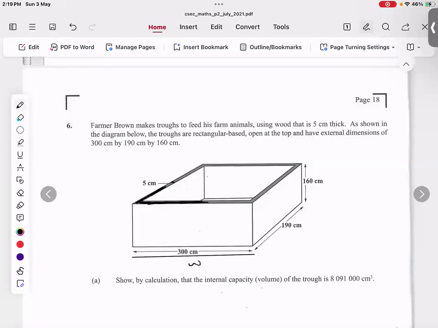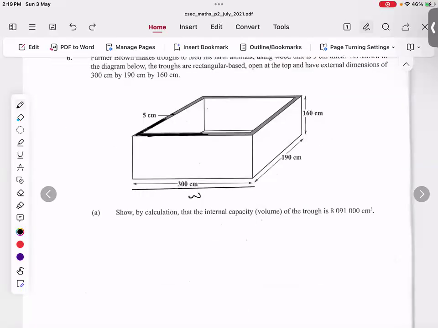The length is how long it is, so the length is 190. And the height is 160. Or if you want to say the length is 300 and the width is 190, it won't matter. It won't affect your solution.